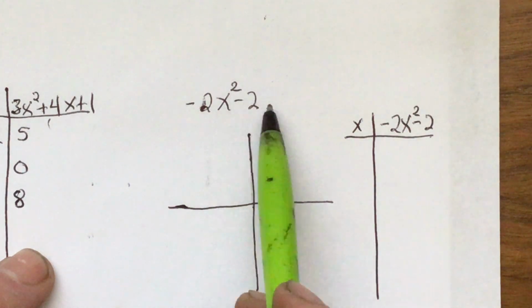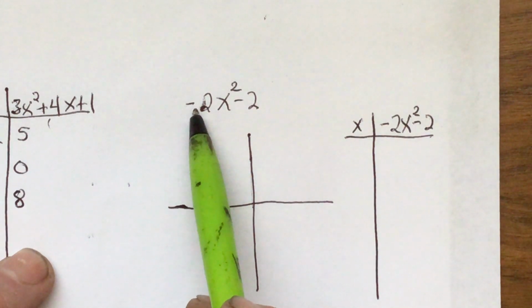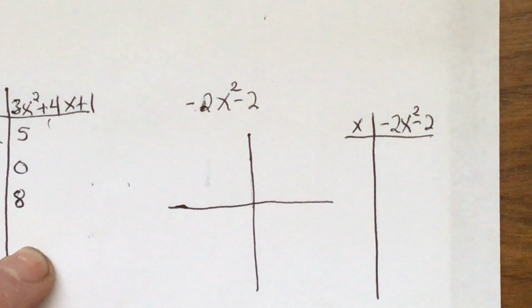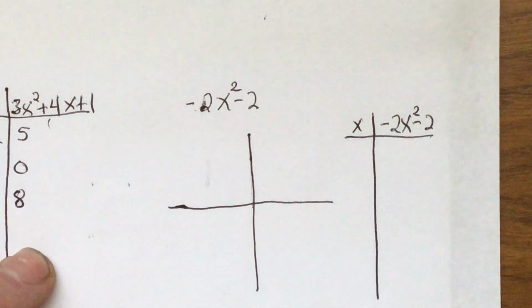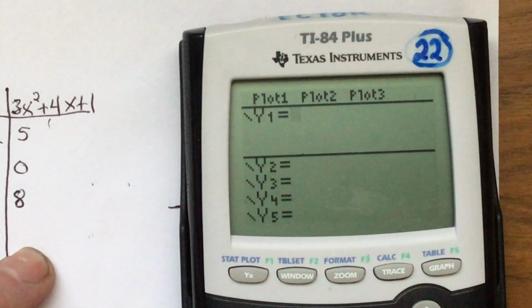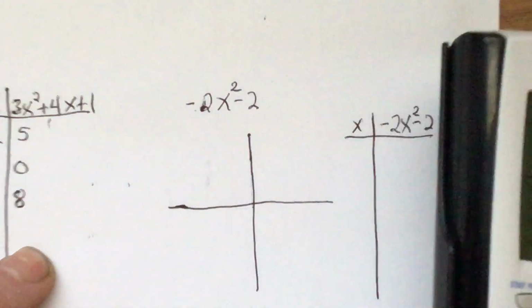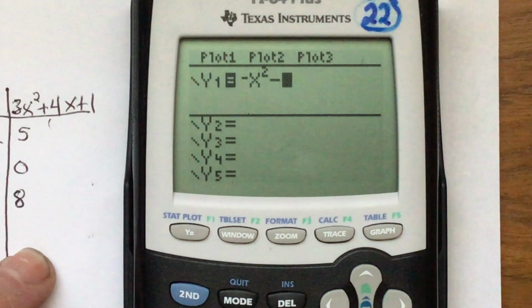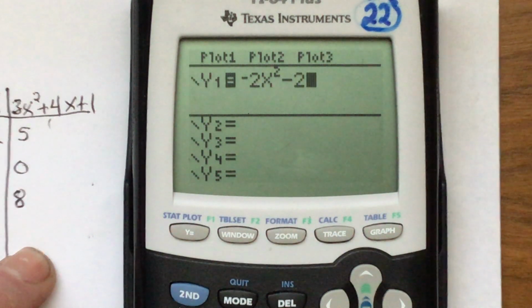At the last one, -2x squared minus 2. Again, we have a negative number in front of the x². That means it's going to make the N shape. All right, so go to y equals, type it in, -2x squared minus 2.